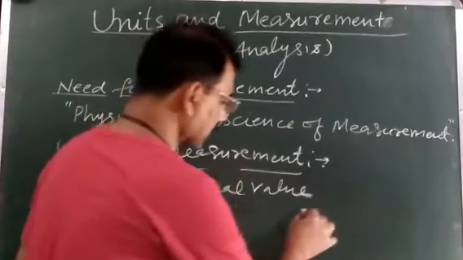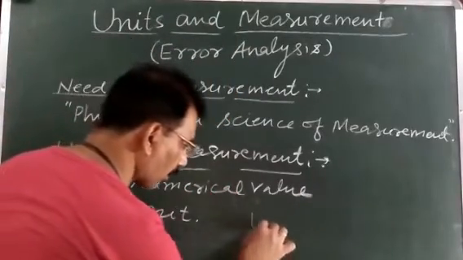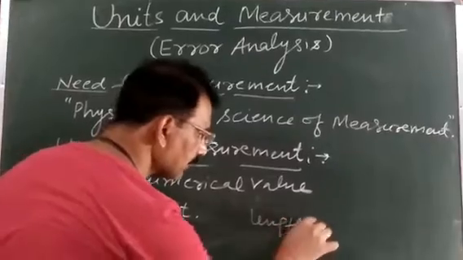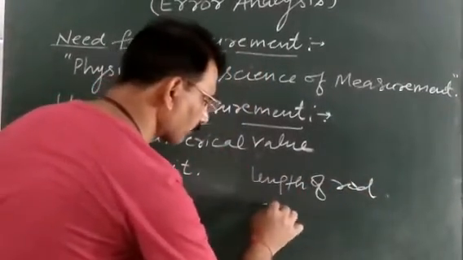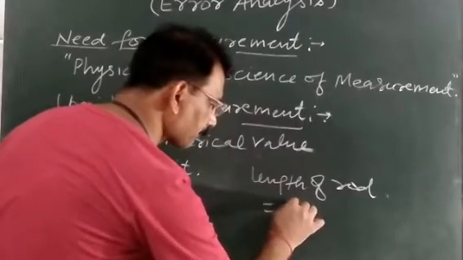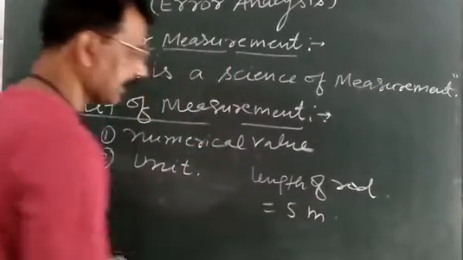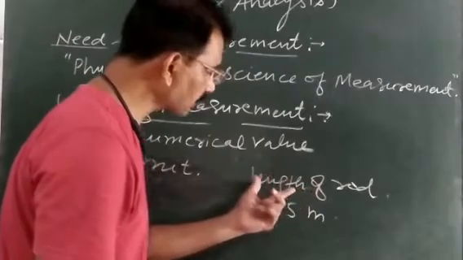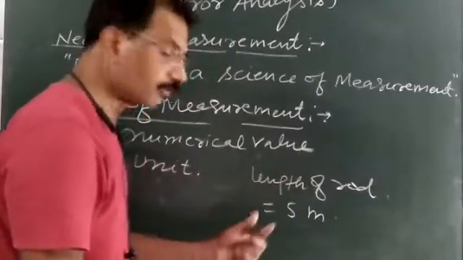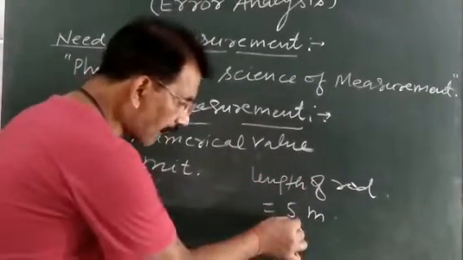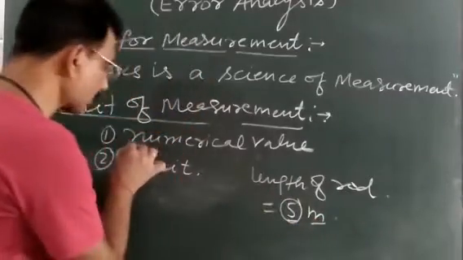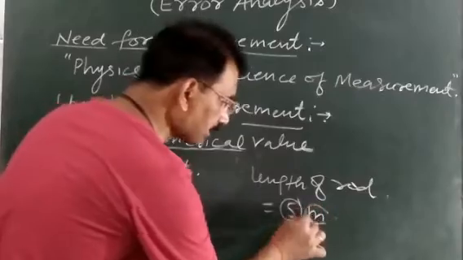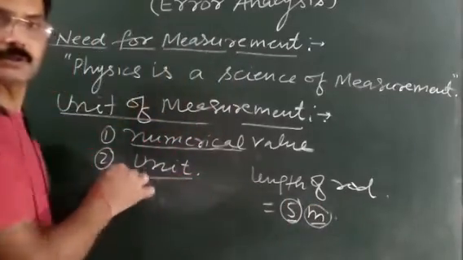Suppose the length of a rod is, I am saying here, 5 meter. It means to represent this physical quantity length, you are using two things, 5 and meter. So this 5 is called its numerical value and meter is its unit.